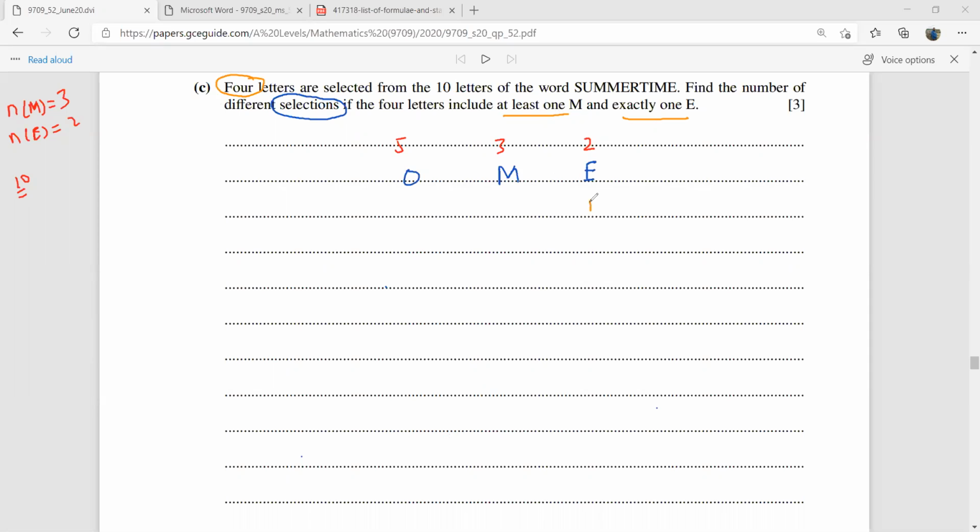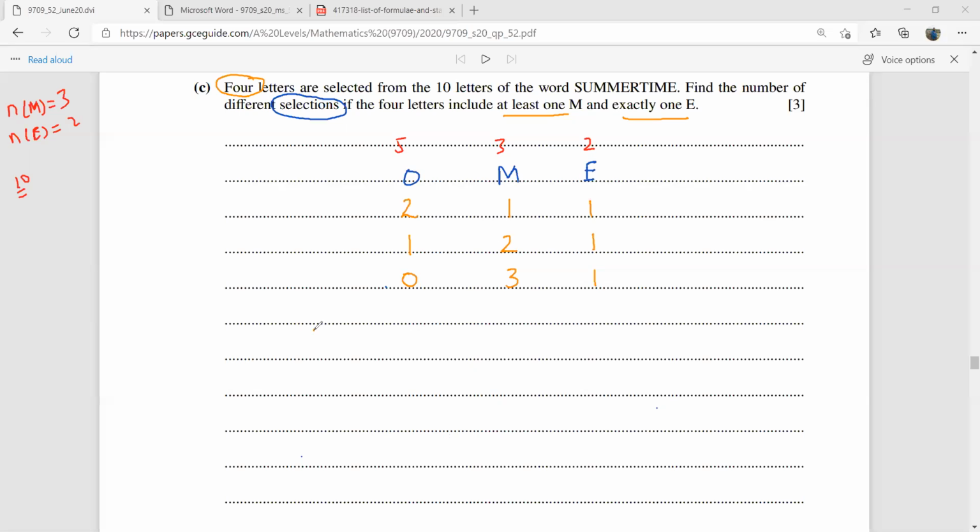So I'm going to fix one E here. If I take one from here, I can have two others. This is one, I can have two M's. I can only have one E, I can have three M's, and there will be no one from here. So these are the combinations that can give us four letters following these conditions.